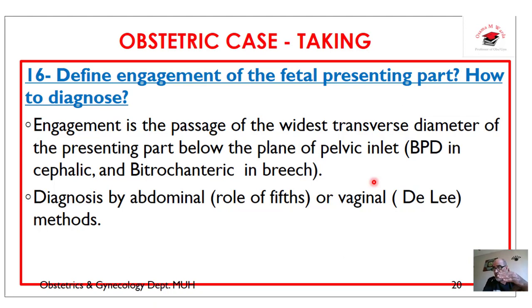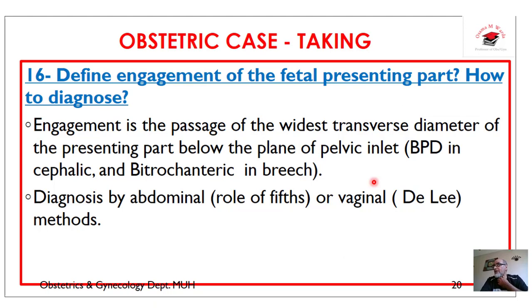Below, lower than the ischial spine, +1, +2, +3, +4, +5. And the lowermost bony part of the presenting part, when it is at this level, we call it engaged, or not engaged. Engagement here is when the lowermost bony part of the head is felt below the level of the ischial spine.